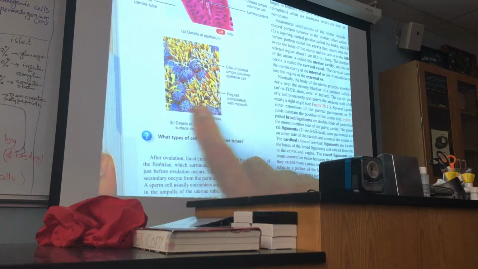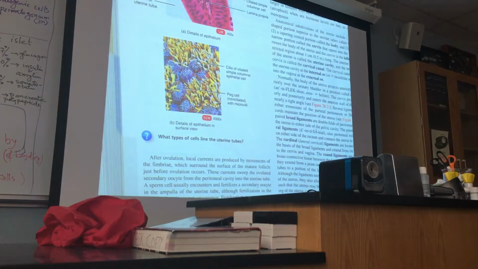So these are the cells with the cilia, and these cells have microvilli. So some absorption, when the microvilli are there, definitely some kind of absorption taking place, maybe here. But the cilia are locomotory organelles.